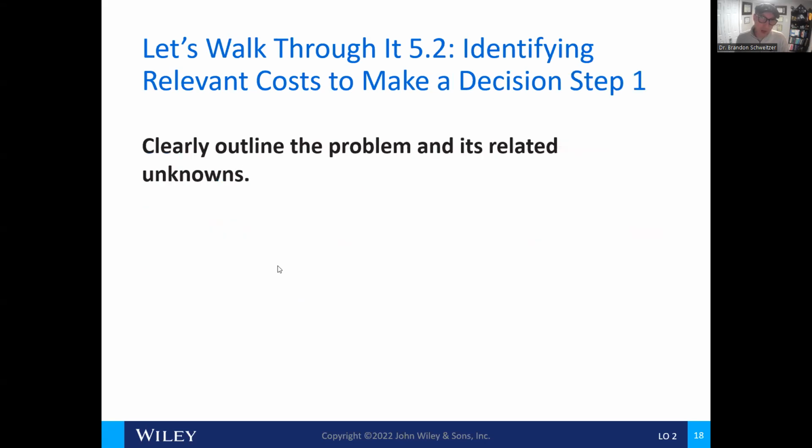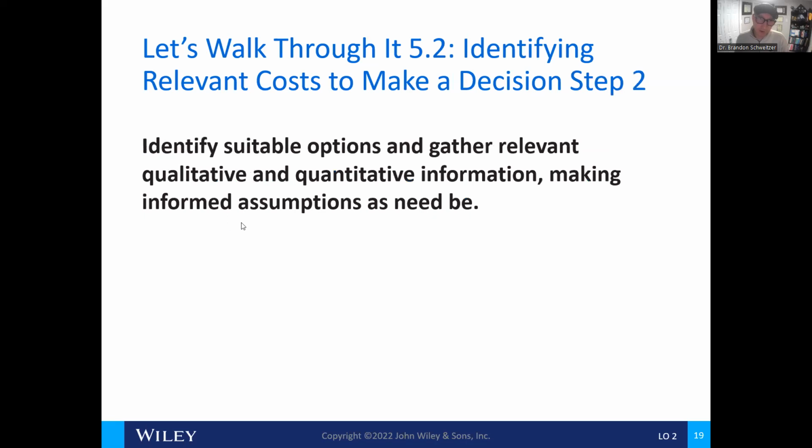So the first thing we do is outline what we know and what we don't know. We know that we want to go home this weekend. We've identified suitable options based off of the quantitative and qualitative information.